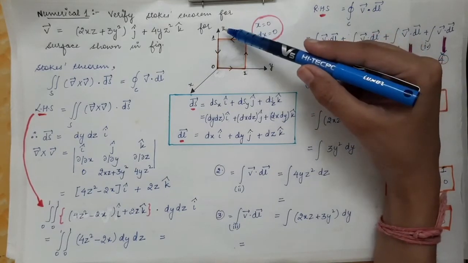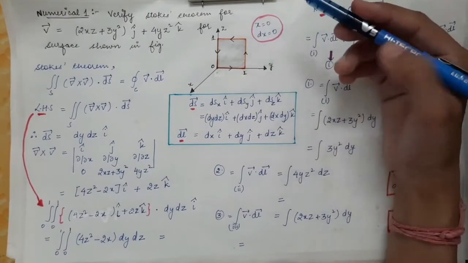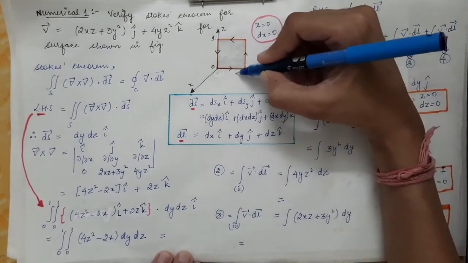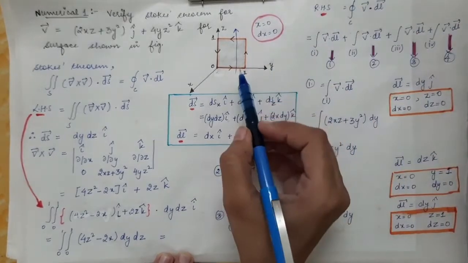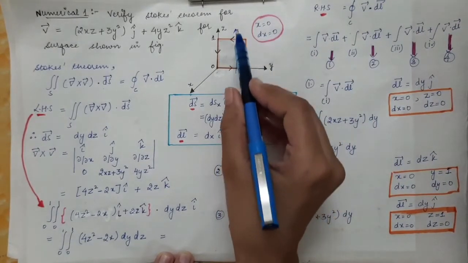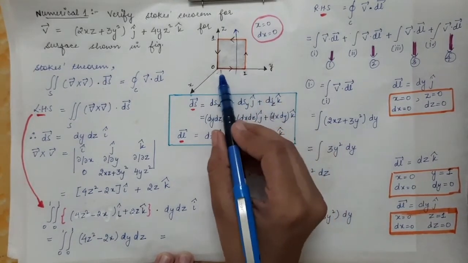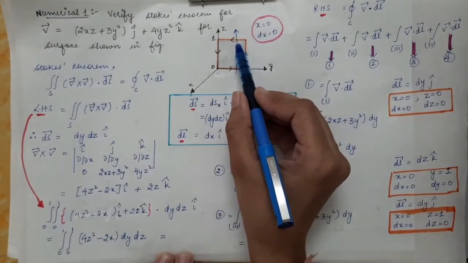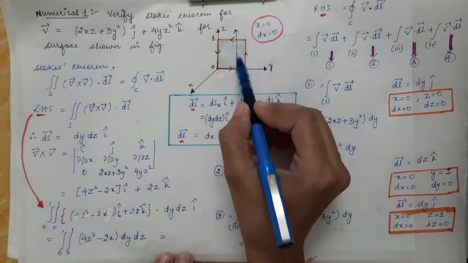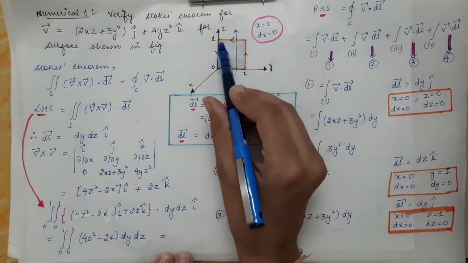To find the limits of z, we can draw a line which is parallel to the z-axis. So we can draw a line like this, which is parallel to the z-axis. The point where this arrow cuts the y-axis, at this point z is equal to 0, and at the topmost point where this arrow cuts the surface, z is equal to 1.